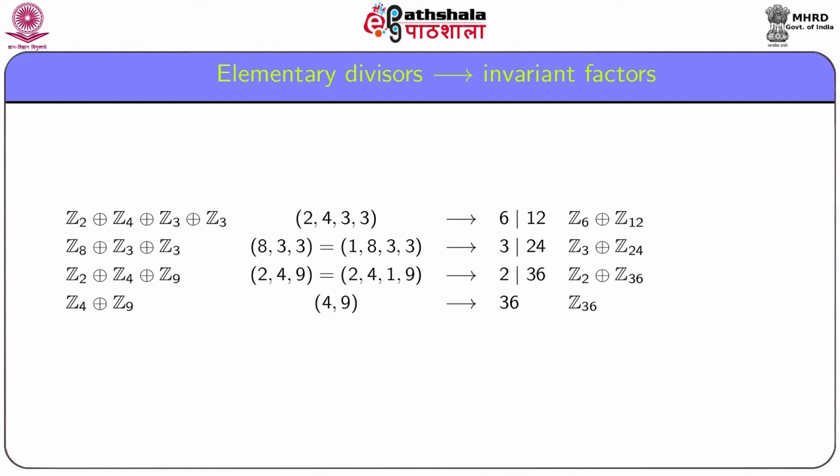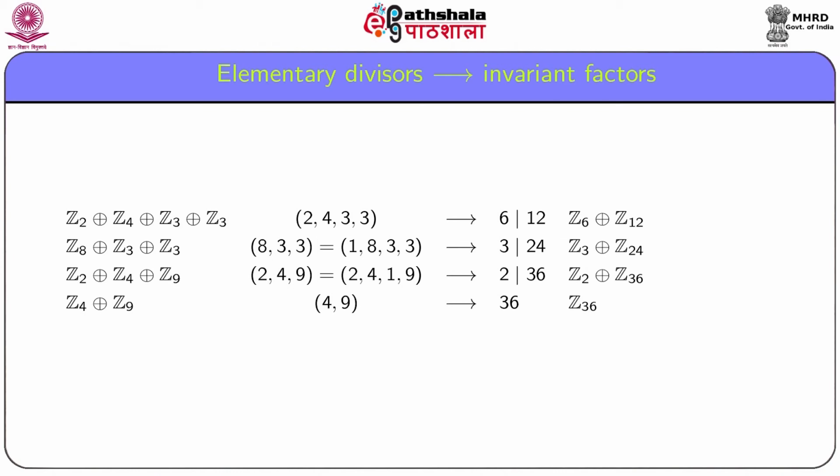Whereas, for the group Z8 plus Z3 plus Z3, the elementary divisor corresponding to the primary component G2 is only 8. But for G3, we have two elementary divisors 3, 3.